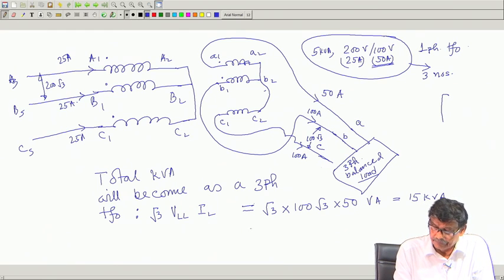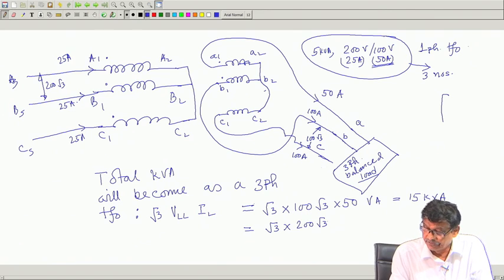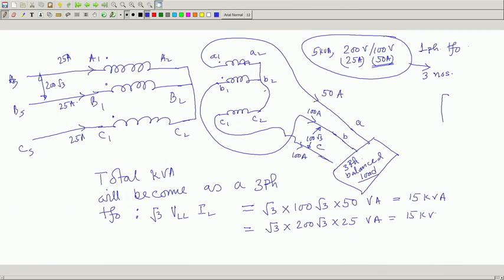Of course it will be the same if you calculate from this side: √3, line to line voltage is 200 √3, line current is 25, so much volt ampere, which will also become equal to 15 kVA. Nothing surprising, each transformer was rated at 5 kVA. So, you have connected it as a 3 phase transformer with star star connection, then total kVA will become 15 kVA.